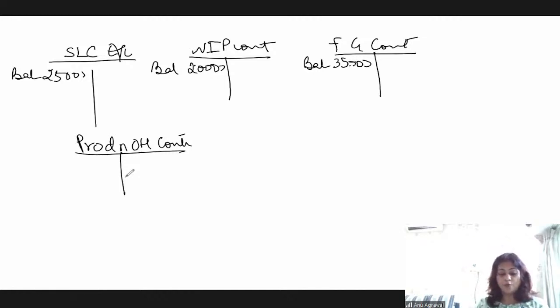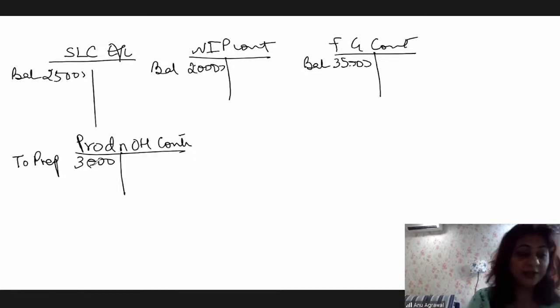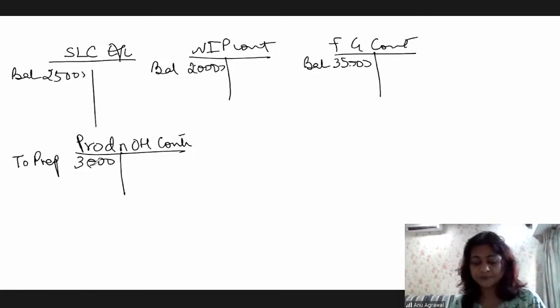It was incurred last year, so the expense was debited to cash, and then some amount was transferred to prepaid overhead account. Now this year, from that prepaid account, I'm transferring it to production overhead control account again. It is not a balance, it is a prepaid. From the prepaid account, I am transferring it to the production overhead account.